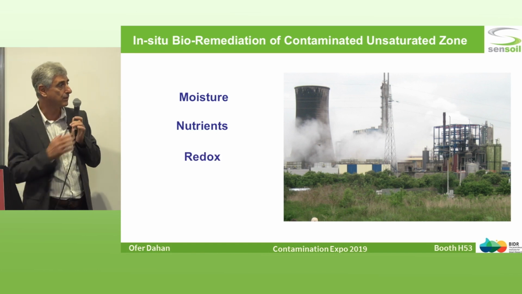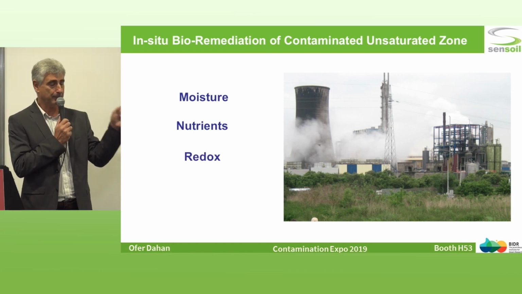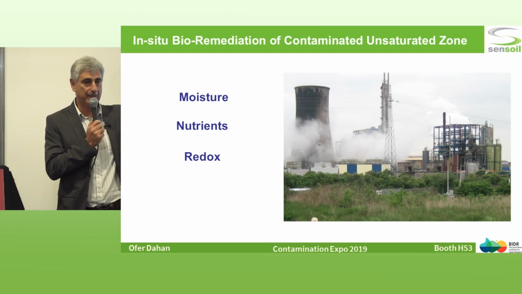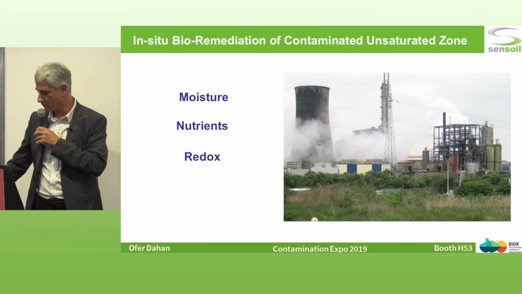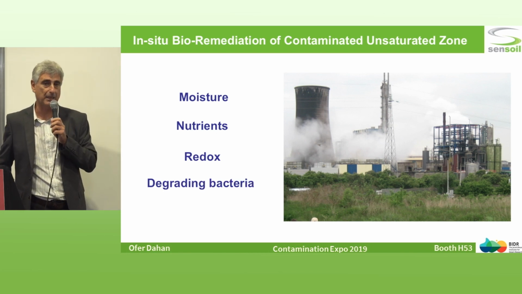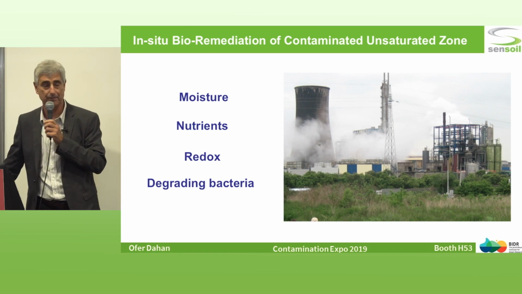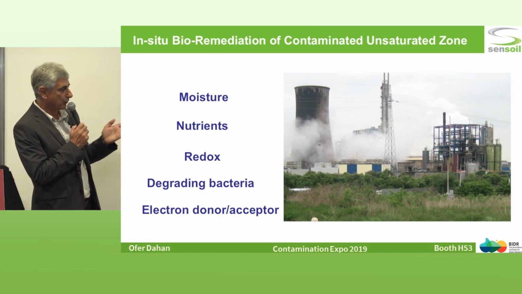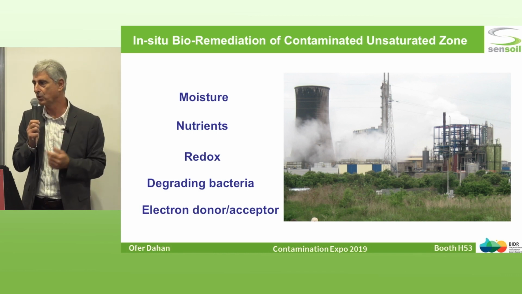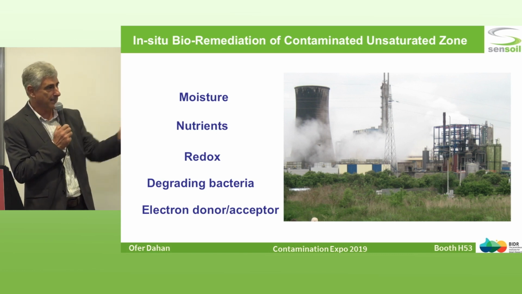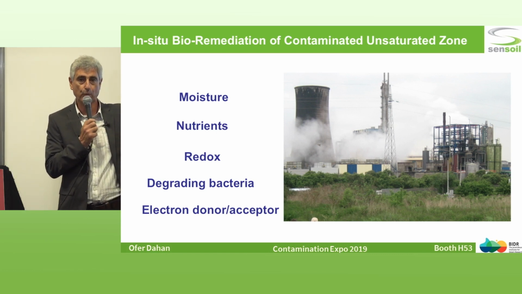We must know that the redox conditions are appropriate to degrade the exact type of contaminant we got from this kind of industry. We must also know that we have enough degrading bacteria there, otherwise nothing will happen. And we must give some food to the bacteria. These are the electron donor or electron acceptor that will do the work for us. So we must make sure that all these conditions exist down below this site.